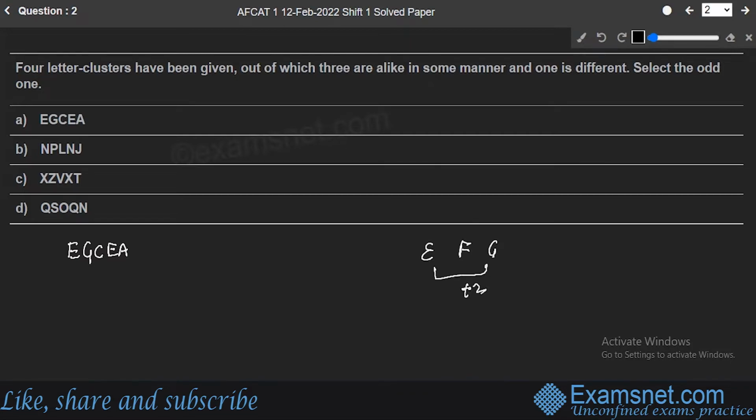Then after G, you are having a C. C comes here, which means you are shifting in the backward direction, moving -4 steps.